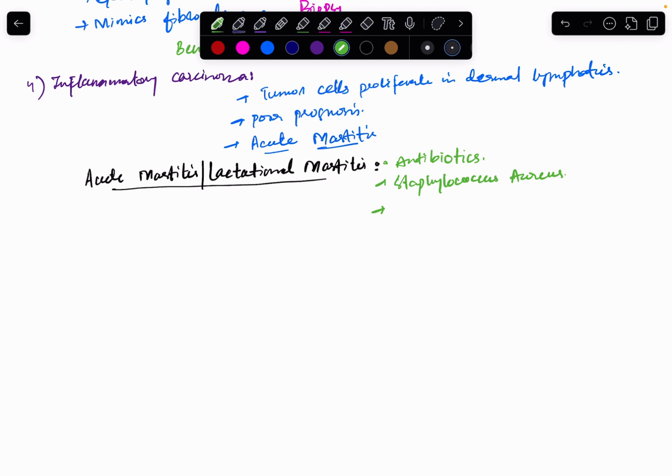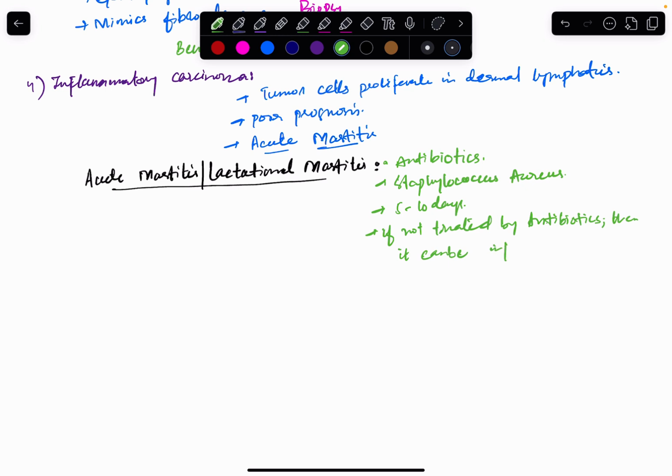And if not treated by the antibiotics, then it can be inflammatory carcinoma.